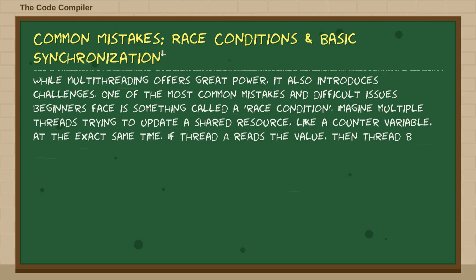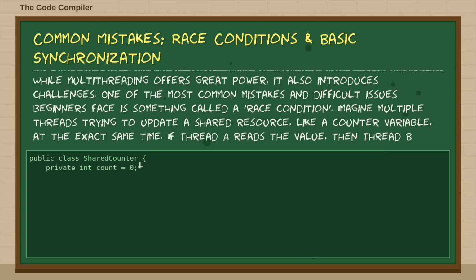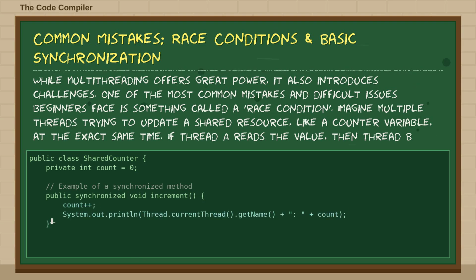It acts like a lock, ensuring exclusive access to the critical section of your code. For example, if we have a method that modifies a shared counter, making it synchronized ensures that only one thread can increment it at a time, preventing data corruption. Always be mindful of shared resources in your multithreaded applications.